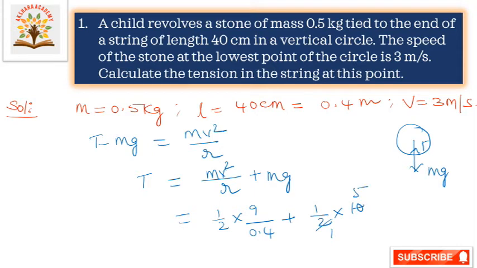Now T is equal to, taking 0.4 as 4 by 10, reciprocal, 10 nines are 90 by 4 twos are 8, plus 5.